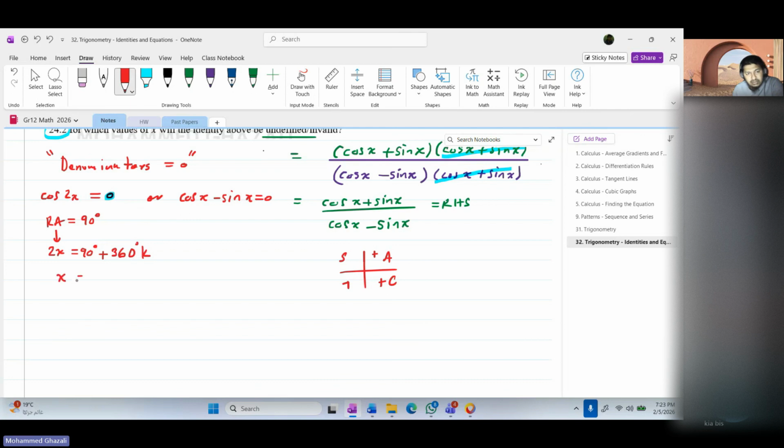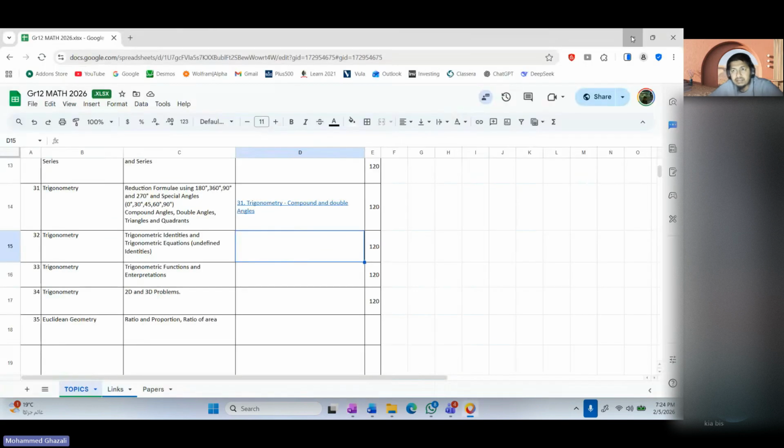So x is now equal to 45 degrees plus 180 degrees k. Are we good? x is equal to 45 plus 180k. 2x is equal to 90 degrees plus 360k. Okay, let's substitute some values and check. Take your calculator out and let's substitute values and check.